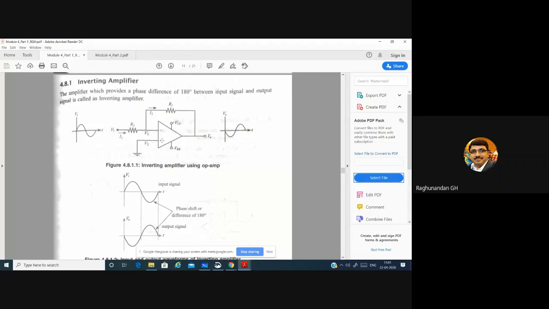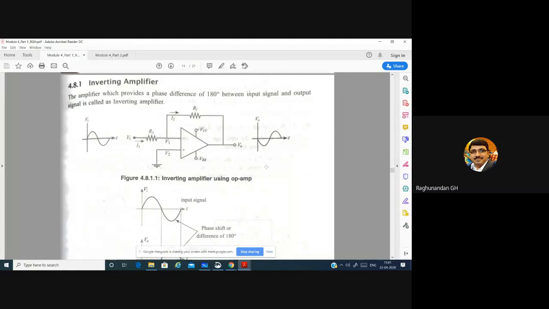Can anyone tell me what is the virtual ground concept? You have already studied it in basic op amps. Terminal being virtually grounded with respect to the non-inverting terminal.